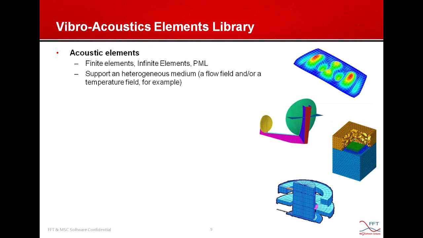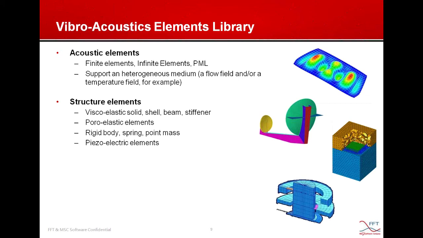Because we are based on the finite element method, the Actran model can support heterogeneous medium for acoustic propagation, which means we can have a complex background flow of temperature or temperature gradient defined on all the finite element nodes.